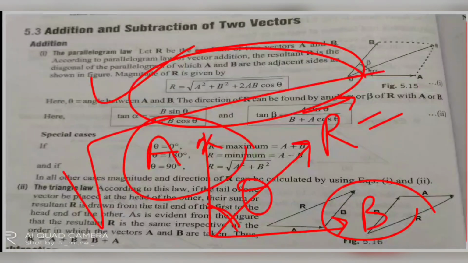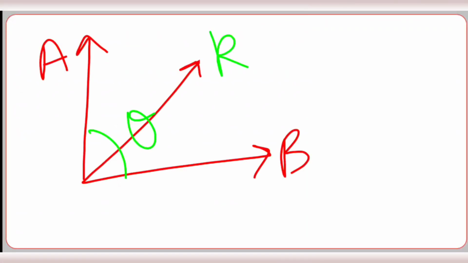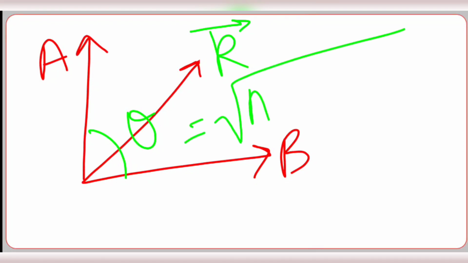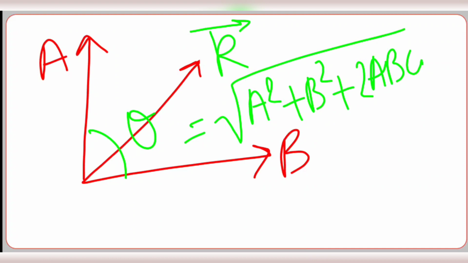So we joined two vectors, and after joining the two vectors we get a resultant vector R. This resultant vector will be equal to the root over A square plus B square plus 2AB cos theta, where theta is the angle formed between the two vectors.